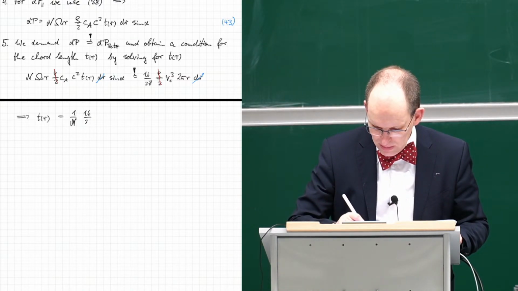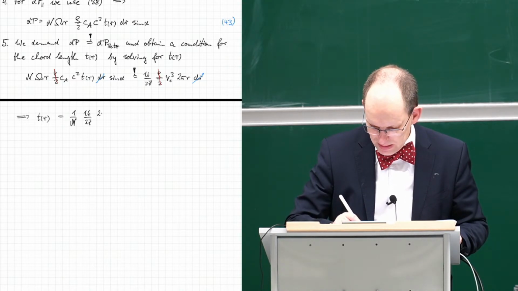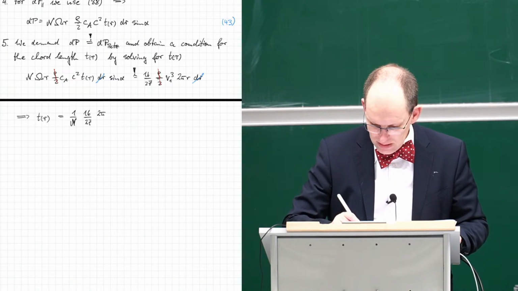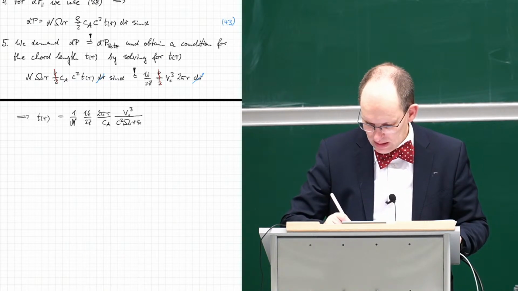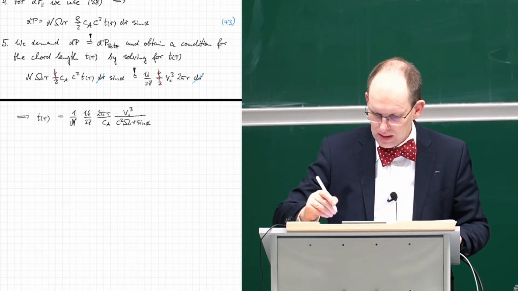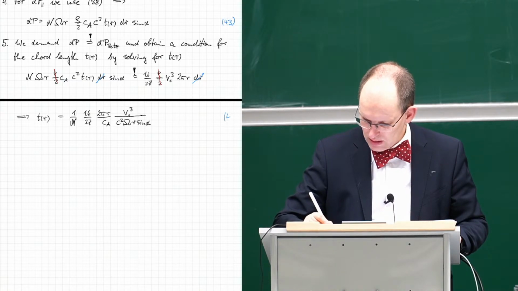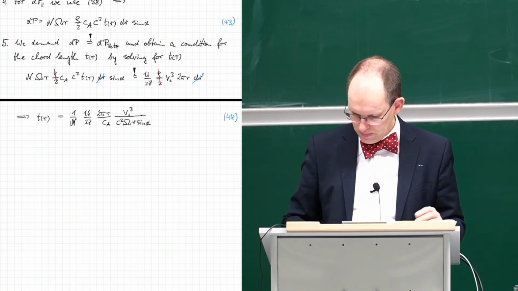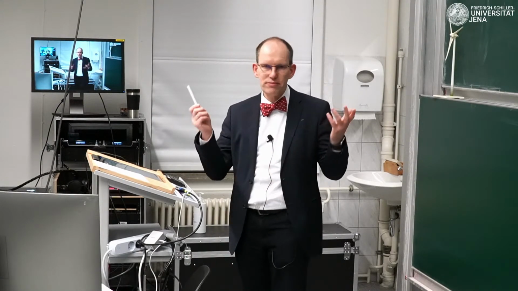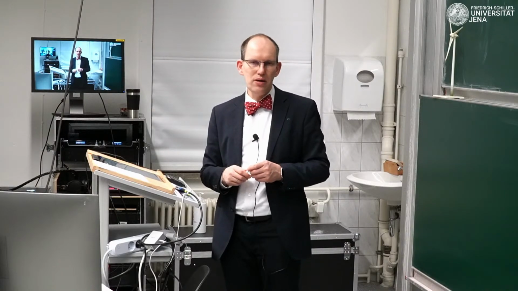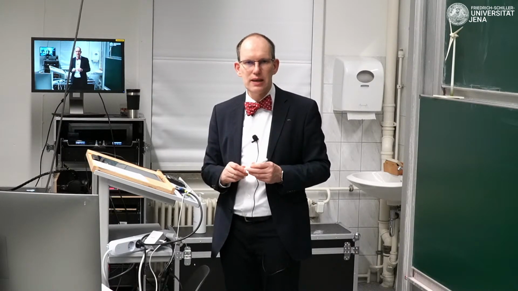So 16 over 27, this magic number, 2 pi times r divided by Ca, and then we have V1 cube divided by c squared omega times r times the sinus of alpha. That's equation 44. Yeah? Now you could say we are done. Kind of. So the decisive things have been done.